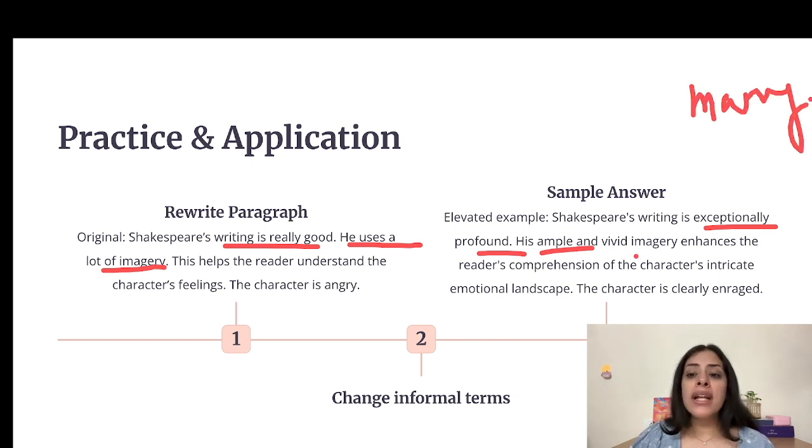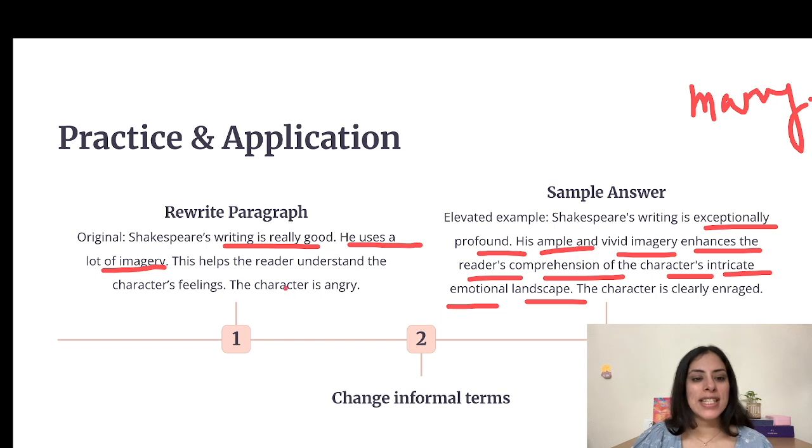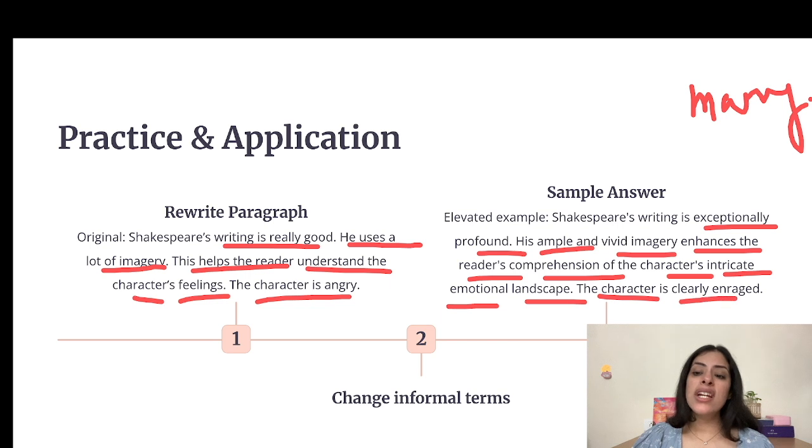His ample and vivid imagery enhances the reader's comprehension of the character's intricate emotional landscape. Now that's a heavy sentence. So we clubbed sentence 2 and sentence 3. This helps the reader to understand the character's feeling. The character is angry. The character is clearly enraged. Okay, so this is how you can highlight it.